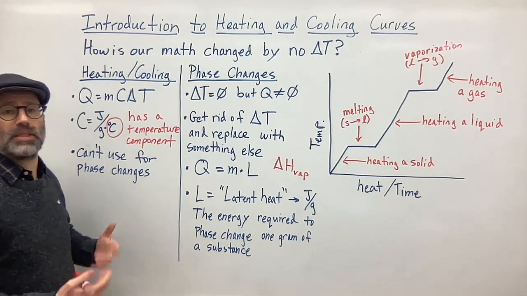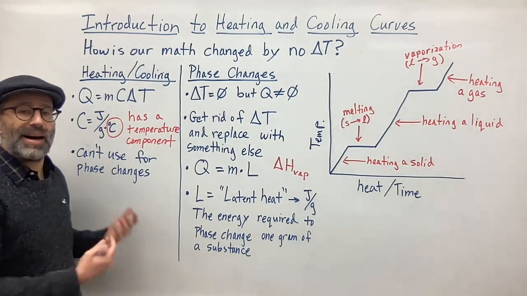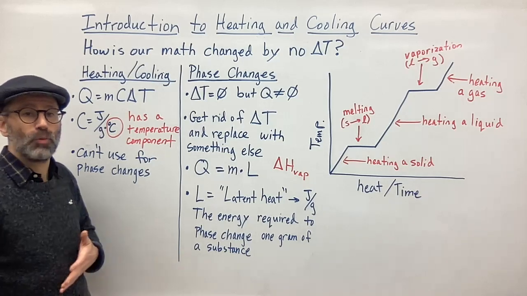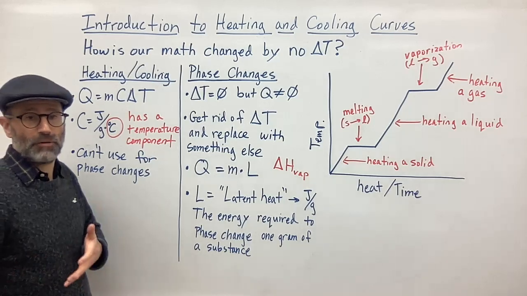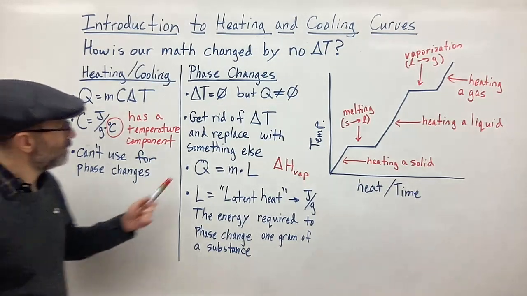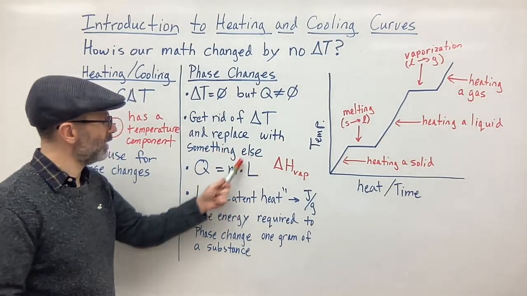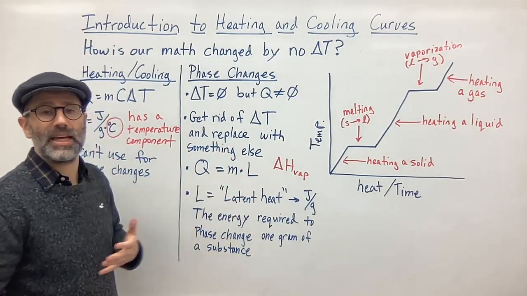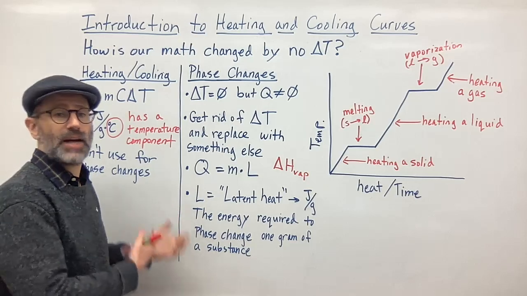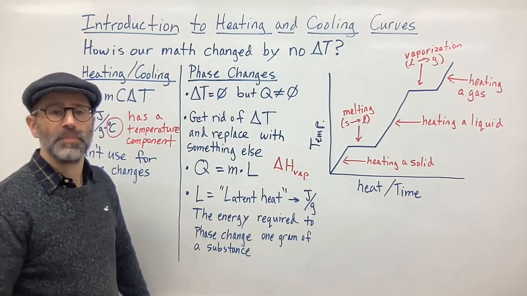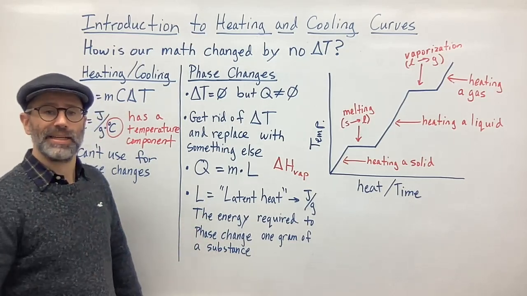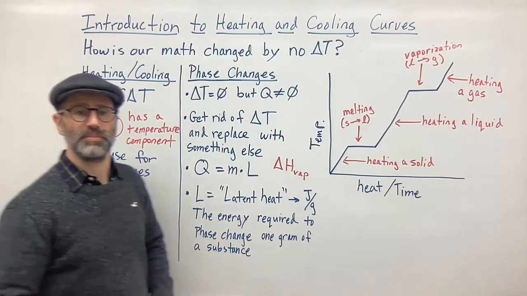Even if you're working with the same substance like water, ice has a different specific heat than liquid water versus water vapor, right? So same thing here. If you're using the latent heat, you're going to need to know the latent heat of vaporization or the latent heat of condensation or so on, which I'll talk about next. So hold on tight.